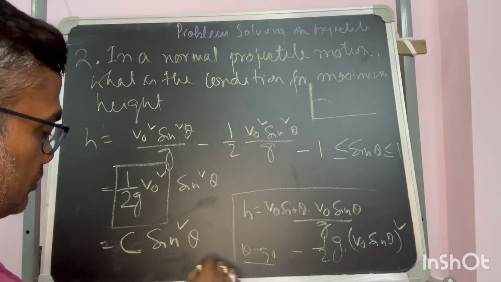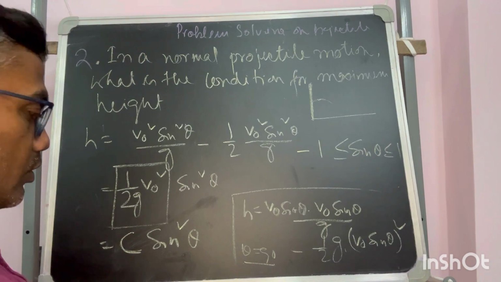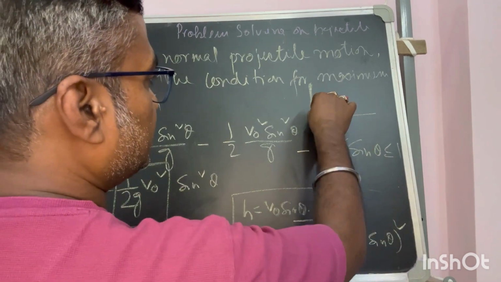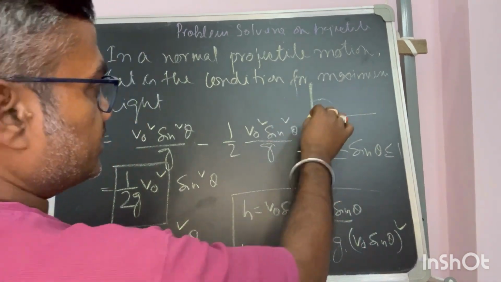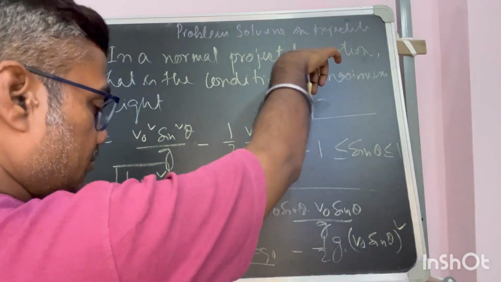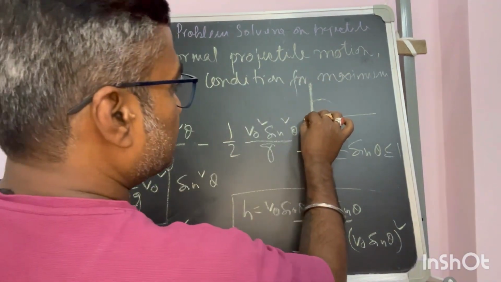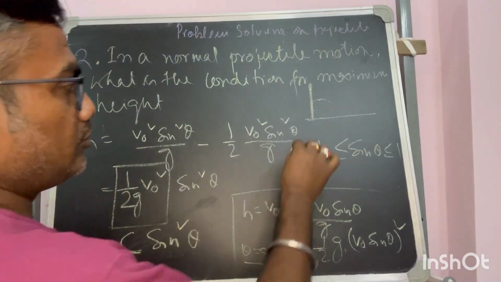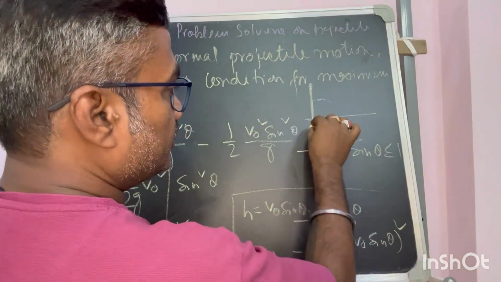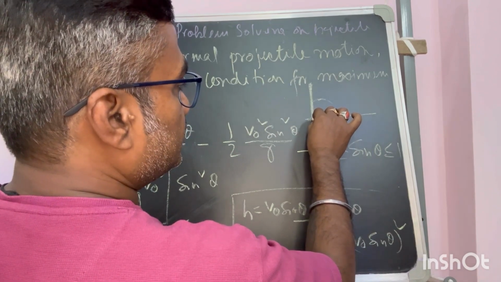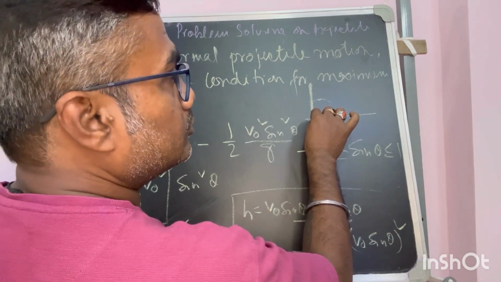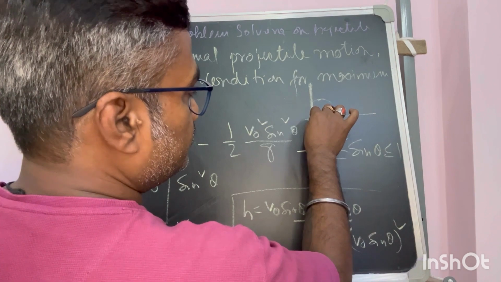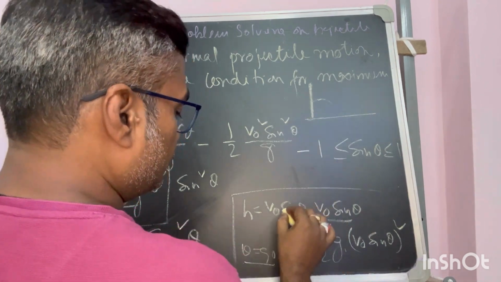So theta is equal to 90, or theta is equal to -90. Is it possible to throw something in the minus direction? Because this is a solid surface, I cannot dig it and throw something, so it will not go down, because then the force will not do any work, and unless it does any work, it will not move.